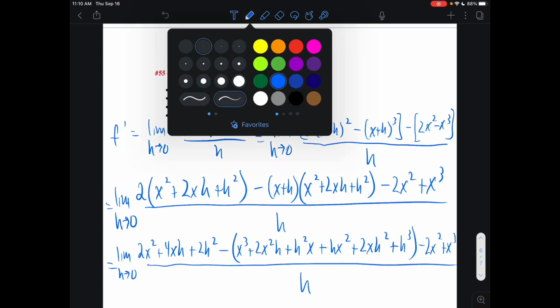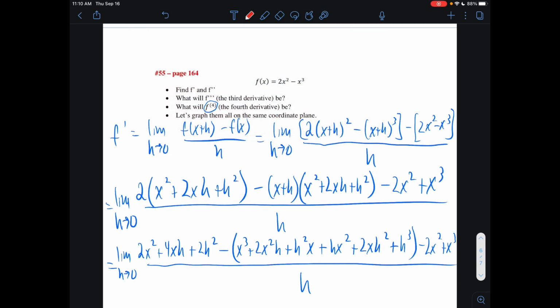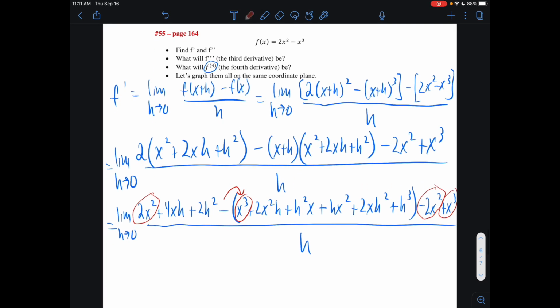Okay, let's see if we can start canceling some things out. So, for example, I've got a positive x cubed here that will cancel with this x cubed because of the minus. So those are going to go away. And I also have this minus 2x squared here. That'll cancel with this x squared. And as far as the other terms, we might want to start adding some things up first before we cancel those out.